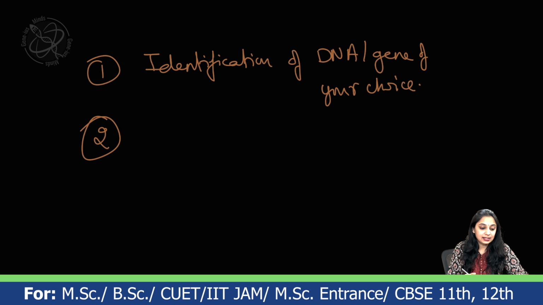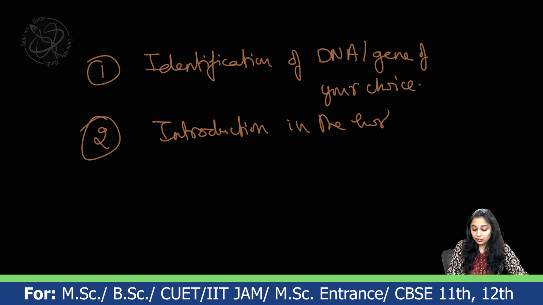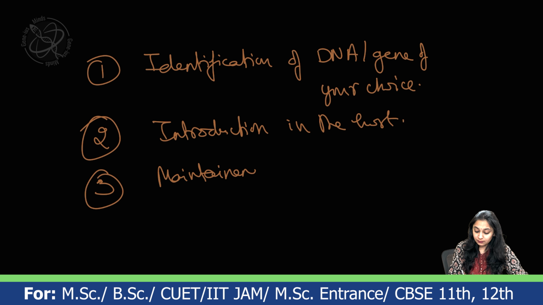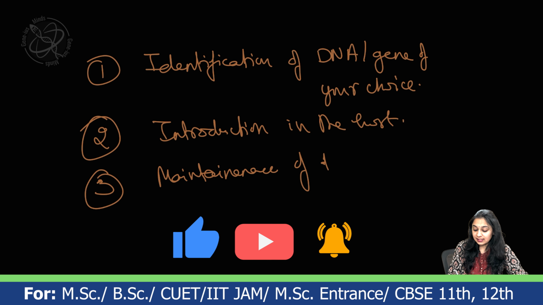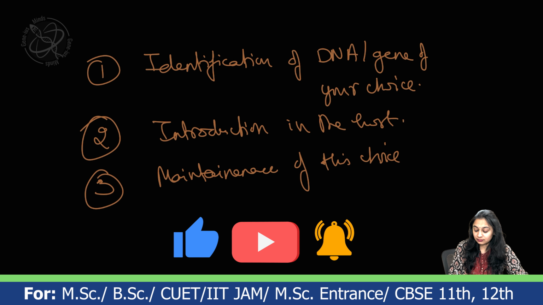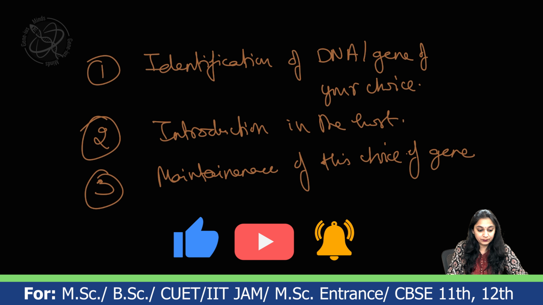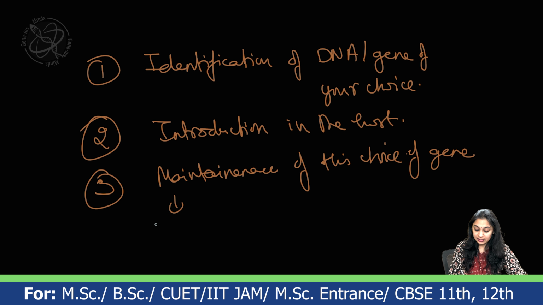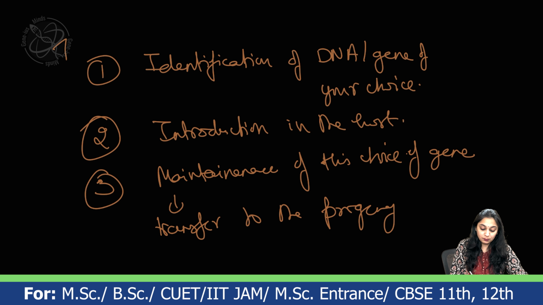Second is introduction into the host organism. In which organism do you want to incorporate it? Third is maintenance of this gene of choice in that organism, so that it is successfully transferred to the progeny. So these are the three very important points.